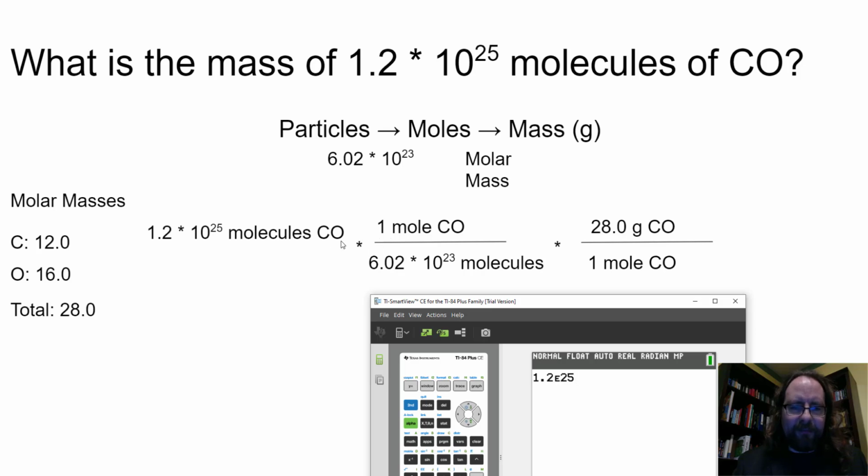I don't do that because multiplying by 1 doesn't change a result. So I skip the 1s if you haven't noticed yet. If you like to multiply by the 1 and then divide, it doesn't really matter. So I'm just going to divide then by 6.02 and use my scientific notation here, times 10 to the 23rd, and then multiply that value by 28.0.